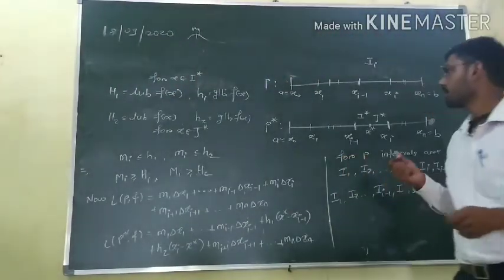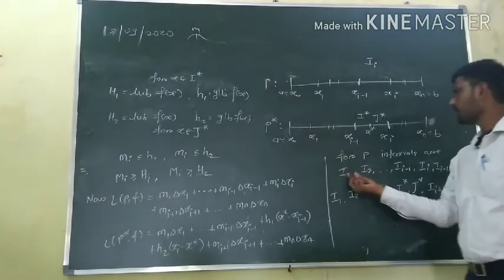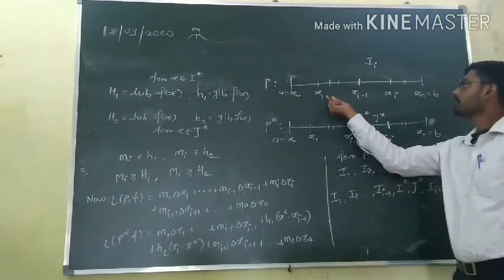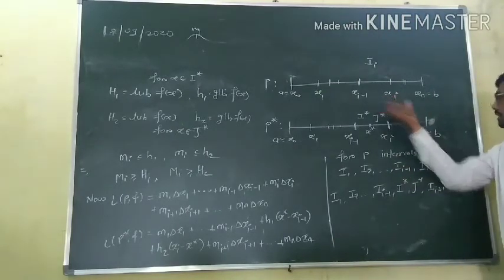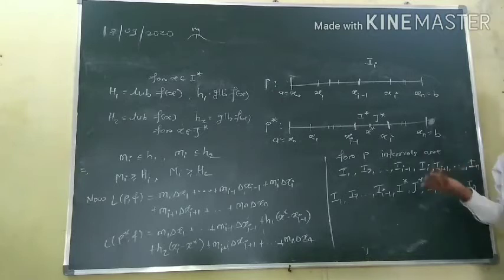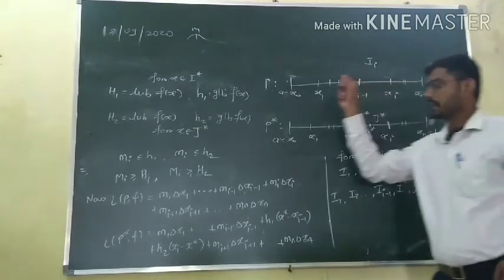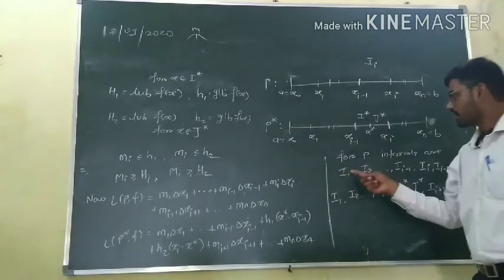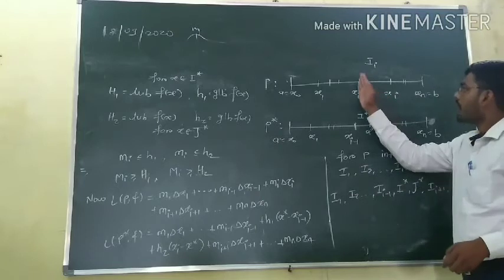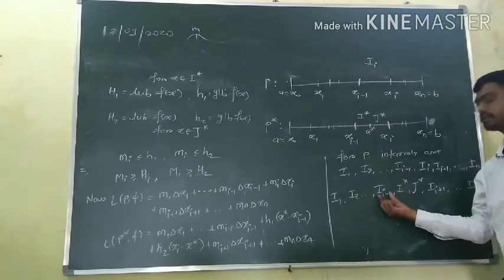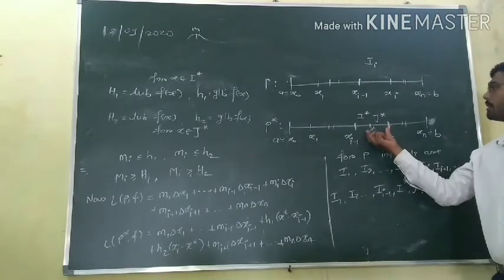Now for partition P, what are the subintervals? I1, I2, up to I_{i-1}, then the ith interval, then I_{i+1}, and the last, nth interval. For partition P, the intervals are first I1 same, I2 same, up to I_{i-1}. All the intervals are same. Now the problem is only here.